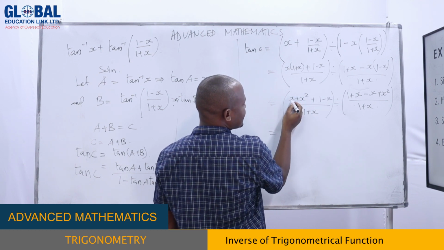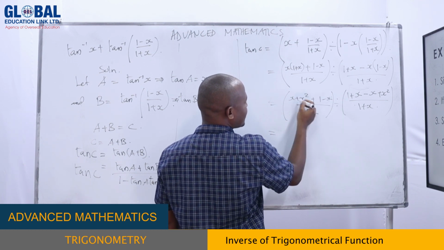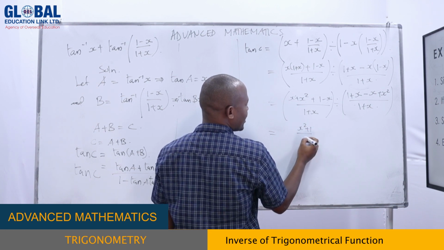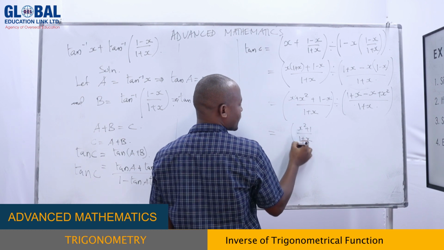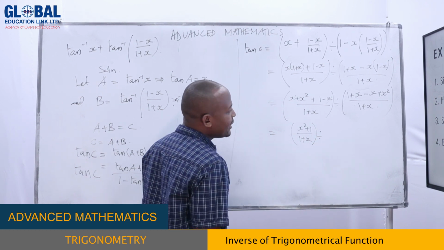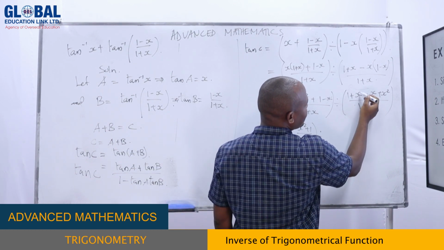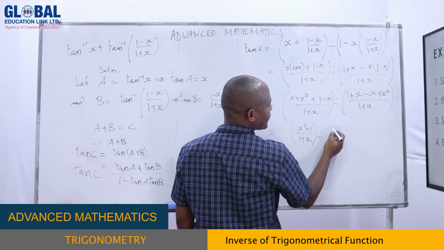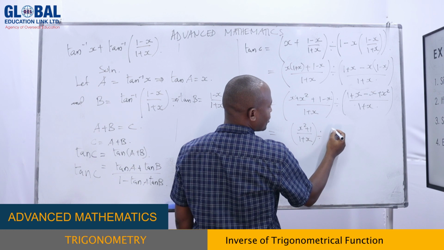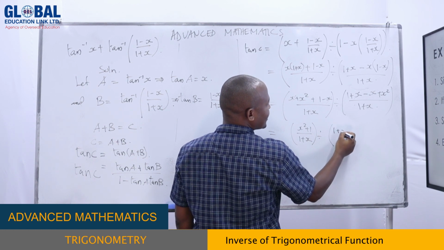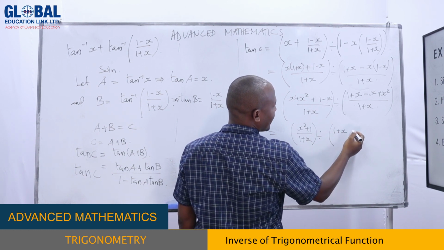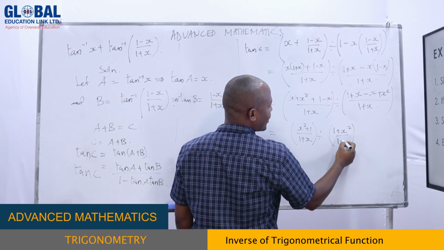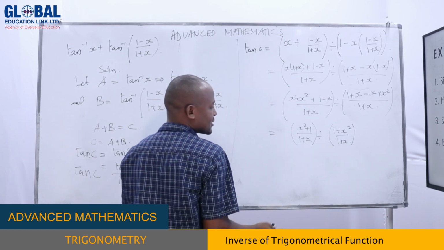That means we have this and that. This is positive and that is negative, so this and that go. And then we are left with x square plus 1 over 1 plus x, divided by, and on that side this and that go, and then we have 1 plus x square over 1 plus x.